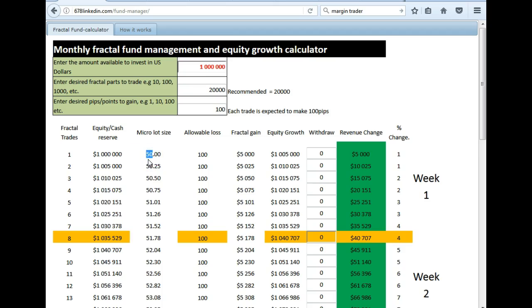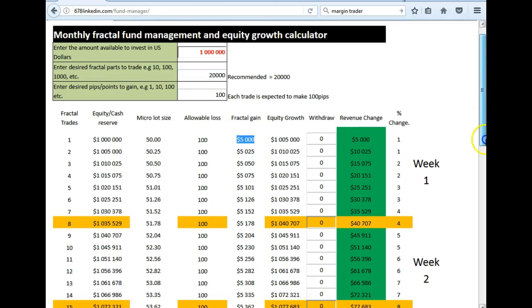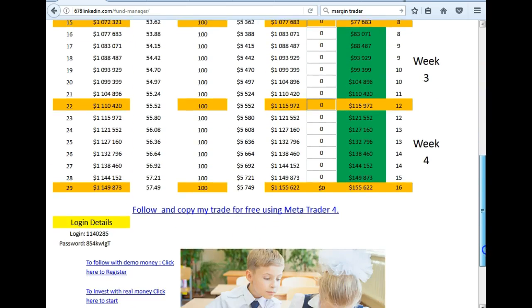As I trade 0.07 lots initially, it will be replicated as 50 lots in your account. So you will be making 5,000 while I was making $7. This is what we mean by copying trade with a fractal.